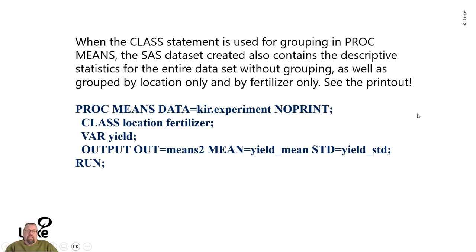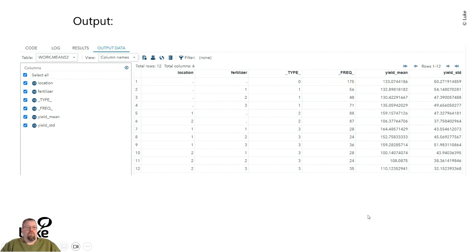Okay, and of course we can do the same also by specifying the subgroups in the class statement, like we have here. Earlier we had the by statement, but we can also use the class statement. Otherwise, this is pretty much the same, but the printout is now a little different. When we do the subgrouping in the class statement, it also counts these other groupings.